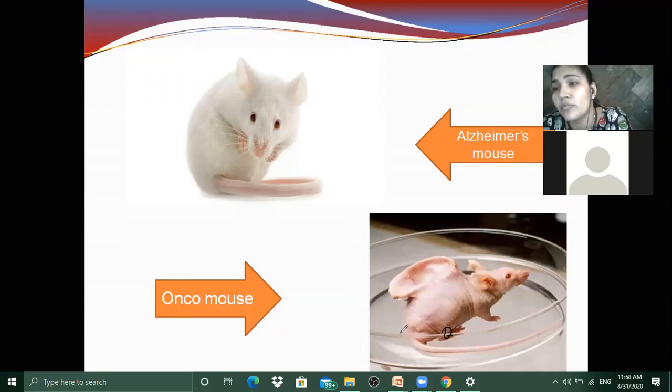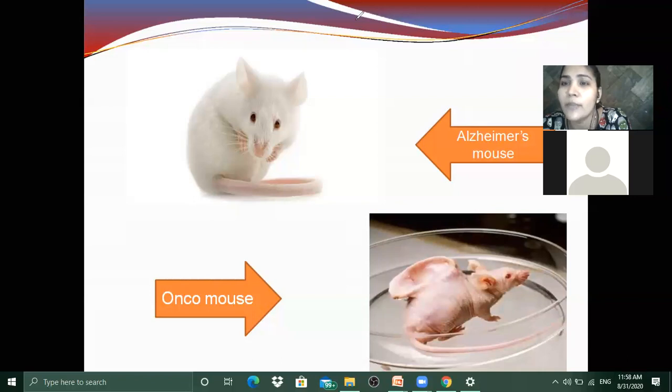We allow them to settle and then see the growth of the tumor. These cancer cells would grow very nicely because these animals are immunologically compromised. So they don't have their own system that would reject anything that we insert in their body.